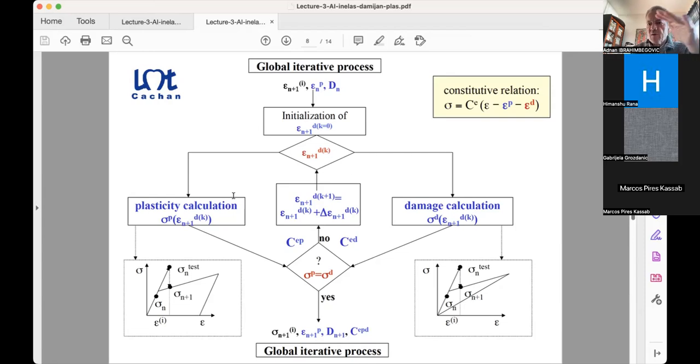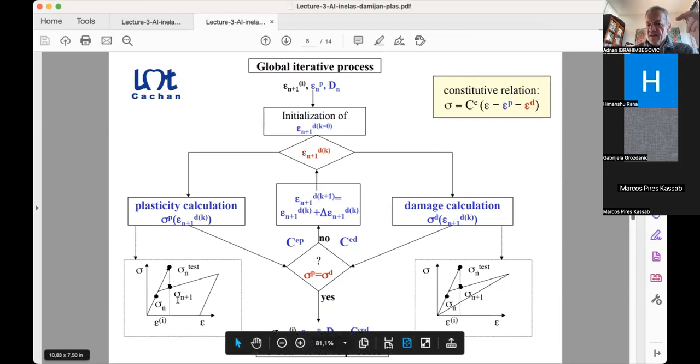Then you go to separate computations for the plasticity and damage by splitting what goes to plasticity and what goes to damage. And you provide the value of stress at n+1 by the plasticity model and the value of stress at n+1 by the damage model, both of them being admissible in terms of the plasticity criteria and admissible in terms of the damage criteria, so they have full admissibility for both criteria.